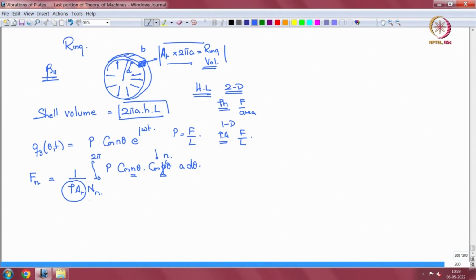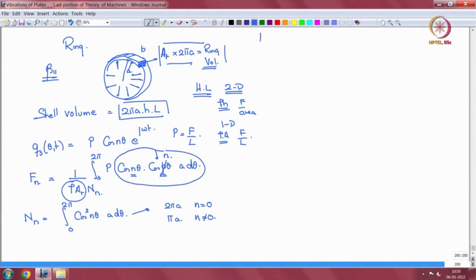The norm Nn is also the integral from 0 to twice pi of cos squared n theta a d theta. This is equal to twice pi a when n equals 0, and pi a when n is not equal to 0, and so is the numerator.